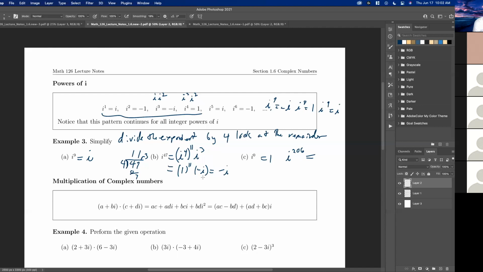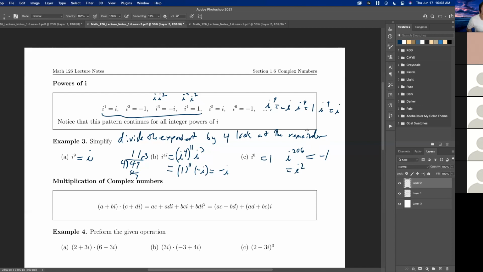Do I need to write out all this? No, just look at the remainder. Just look at i squared, and this will be -1. When I divide this by 4, this is equivalent to i squared. Since this repeats every 4, you can simplify and use that.